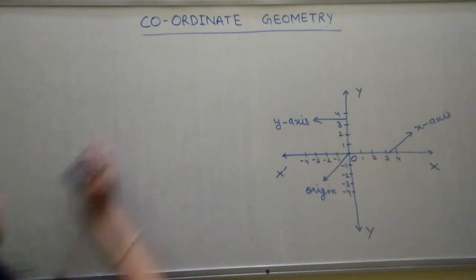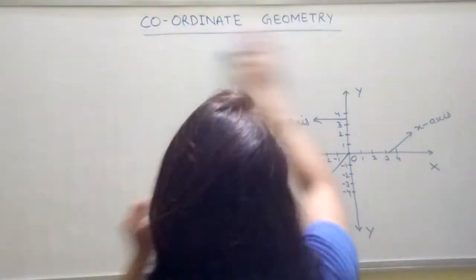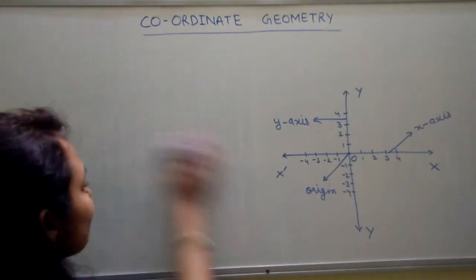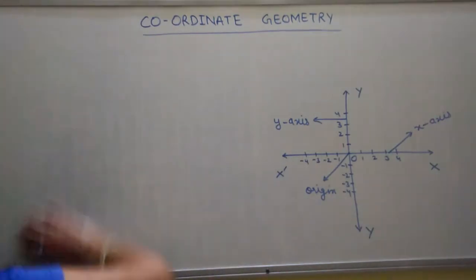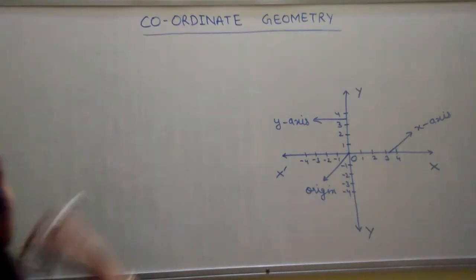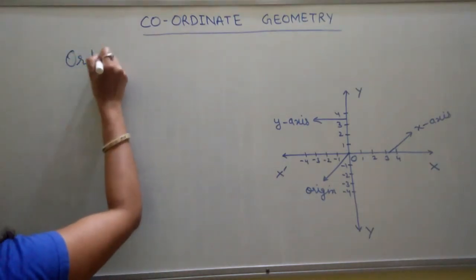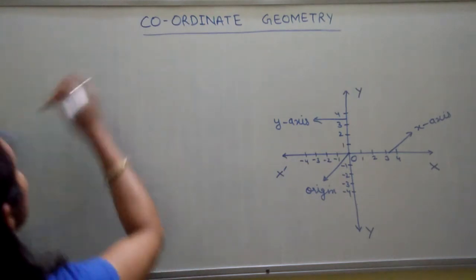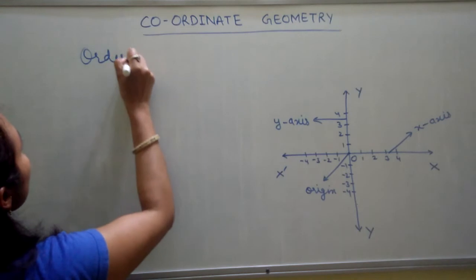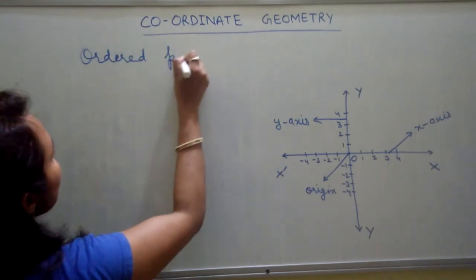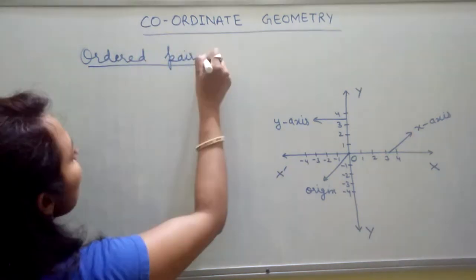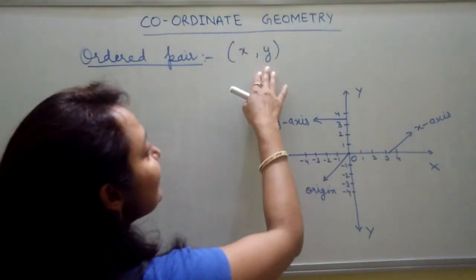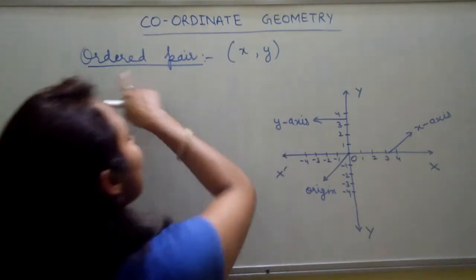What is an ordered pair? Pair means two. We will take two values, x and y, and together these are known as an ordered pair.